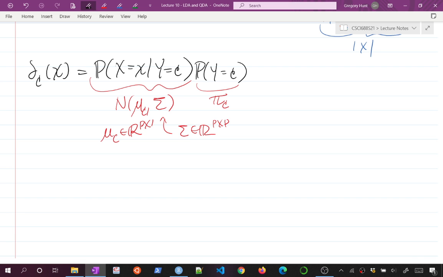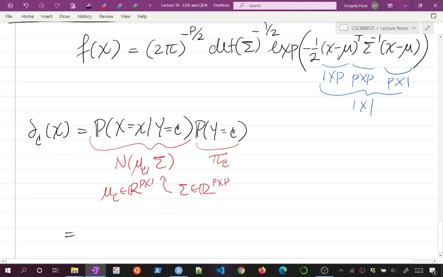So cool, that's nice. We can actually work this out now, because we can plug in what our density function is, and we can derive our discriminant function.